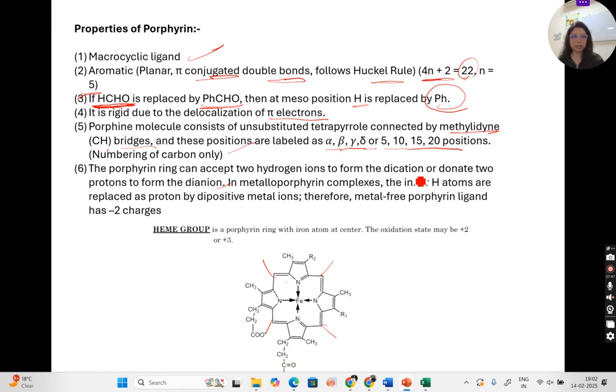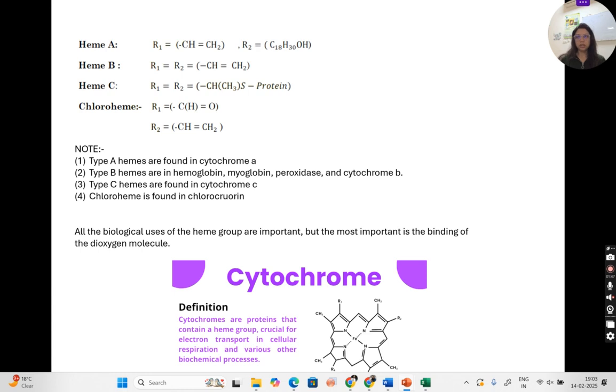In a metalloporphyrin complex, the inner H atoms are replaced by a dipositive metal ion, so the metal-free porphyrin ligand has a -2 charge. In the heme group, a porphyrin ring with an iron atom at the center, the oxidation state may be +2 or +3.